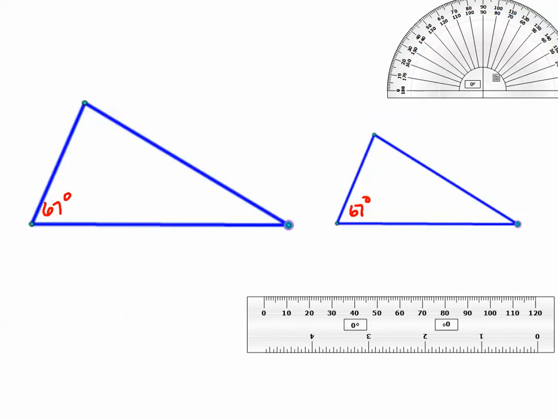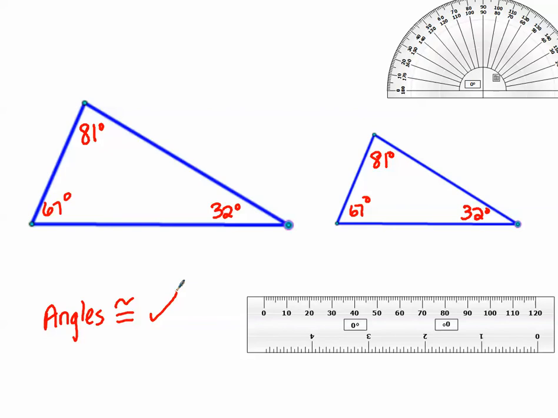So all three angles are congruent. Now you know we don't have to measure the third one. They have to add up to 180, so by the third angles theorem, this one also has to be 81 degrees. So I made two triangles where the angles are congruent. That checks out in this picture. The angles are congruent. Clearly the sides are not of the same size.